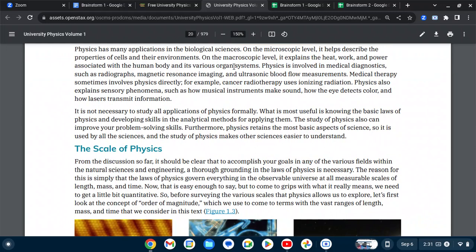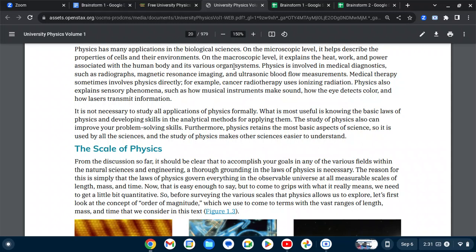Medical therapy sometimes involves physics directly. For example, cancer radiotherapy uses ionizing radiation. Physics also explains sensory phenomena, such as how musical instruments make sound, how the eye detects color, and how lasers transmit information.